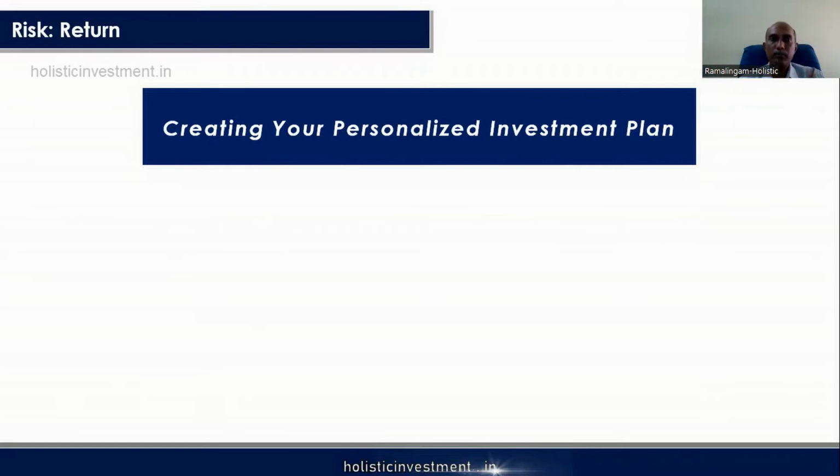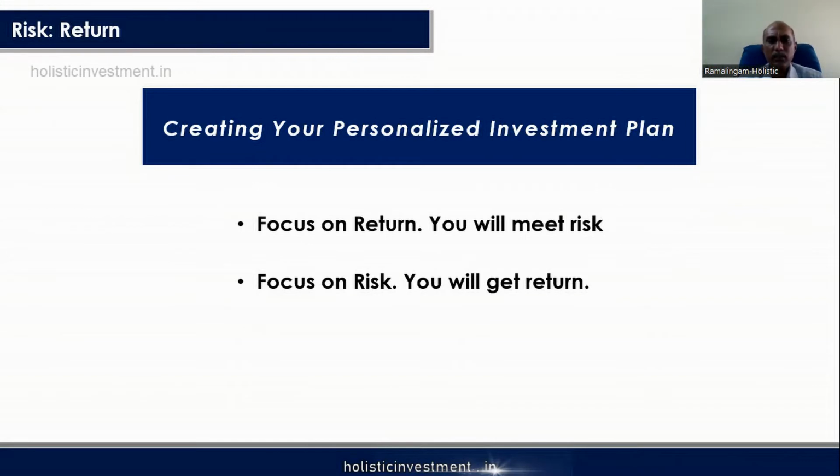Number one is having money to invest, how much money to invest and where to invest. Number three, with what mindset I have to invest. That is very much important. So in the next few slides, we will look at what kind of mindset to have as an investor.